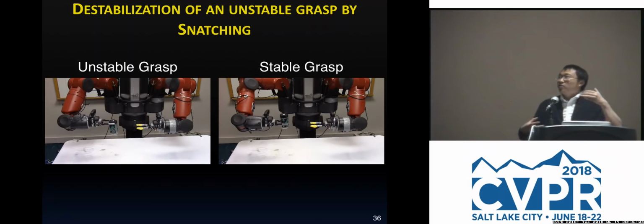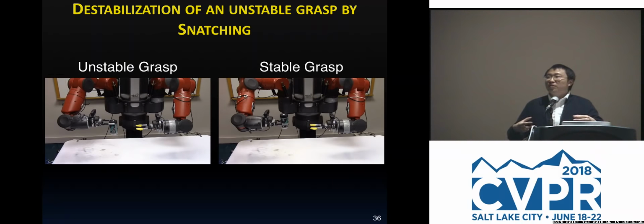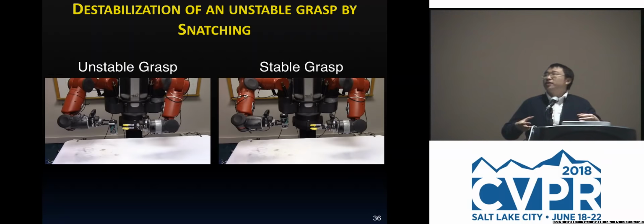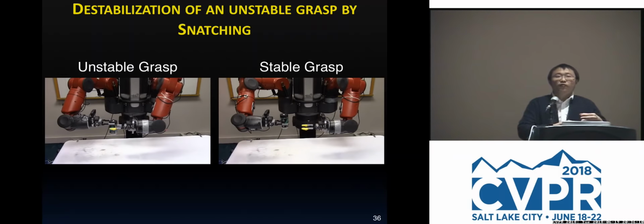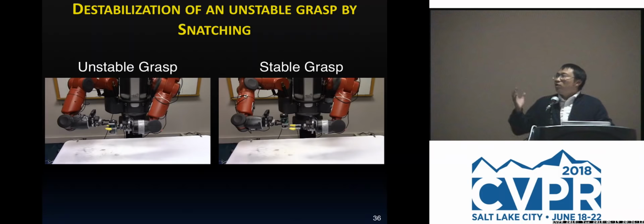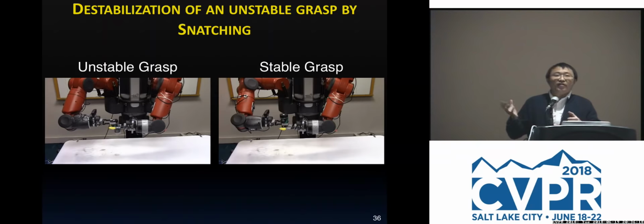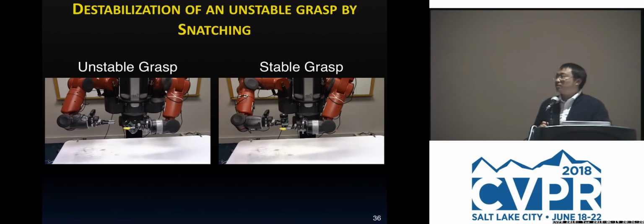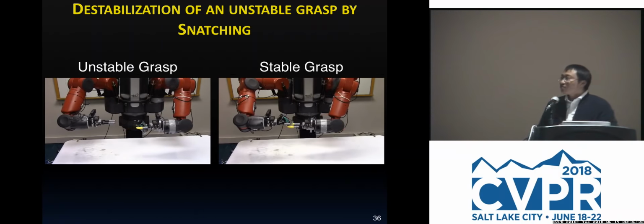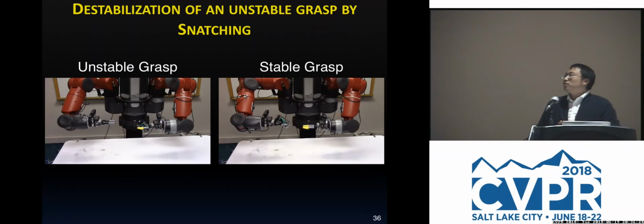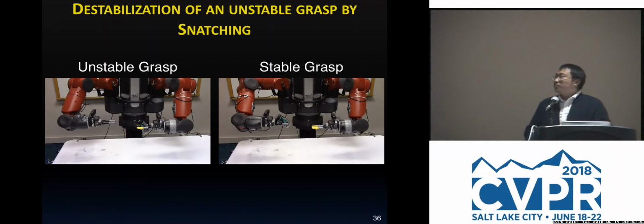Your grasping policy should be good enough that the other hand cannot snatch the bottle from your hand. On the right is an unstable grasp, and on the left is a stable grasp because the other hand cannot steal the bottle from this hand. So these are basically the ideas.